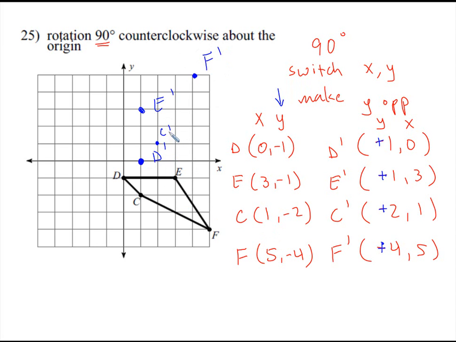Let me move this C prime to a different spot, right over here. So I've got our shape. Let's connect everything. So this was C prime right here. That's all that is.